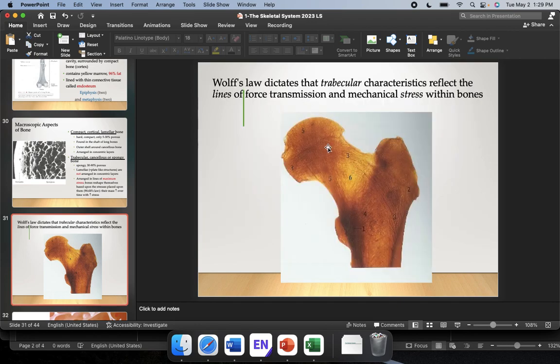So this next picture is a nice example of that rearrangement of spongy bone to provide support for areas of maximal stress. So you can see here the force transmission lines are highlighted as the light is shined through this bone.